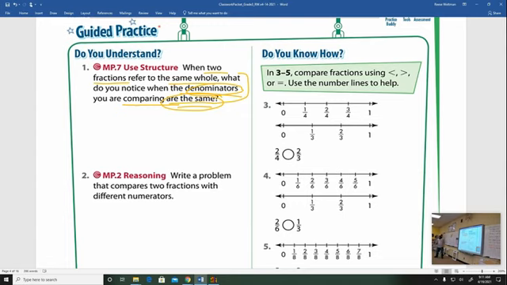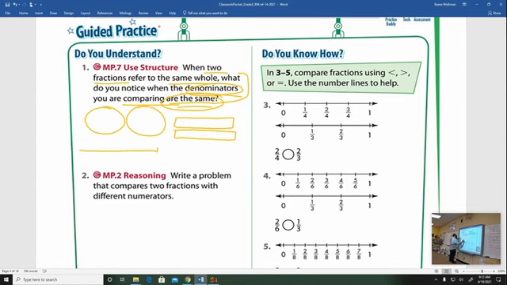Think about it. What if I drew out two pizzas? Yep, we're talking about pizza again. And I said to you the pizzas were the exact same size. They would be the same whole, correct? Or if we drew out fraction bars, and they were the exact same length, they would be the same whole, correct?